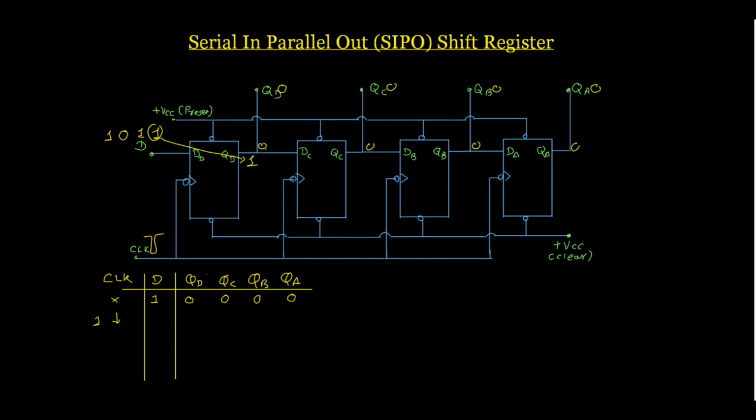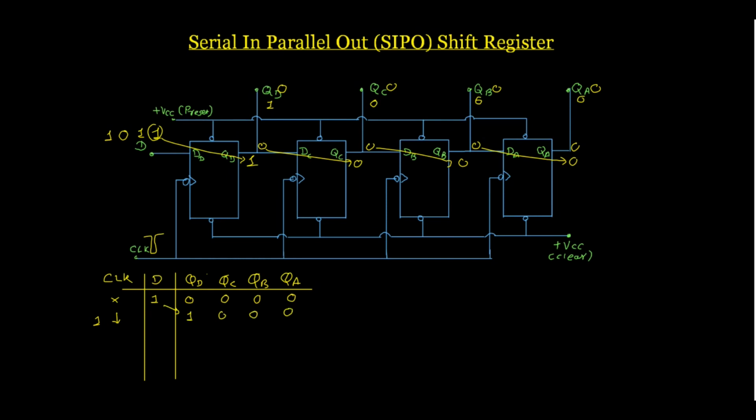This 0 will be transferred here, and this 0 will be transferred to QA. So after the first clock pulse, QD is 1, and the rest of the three outputs are 0.